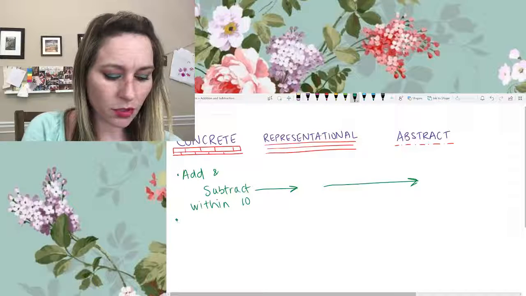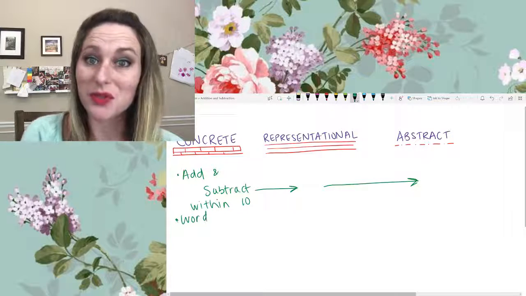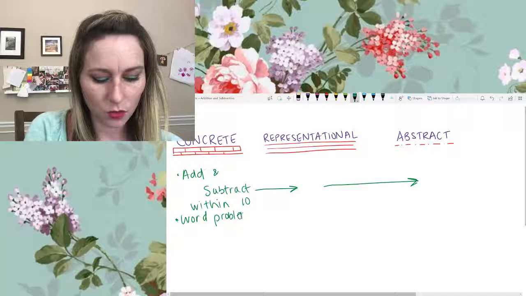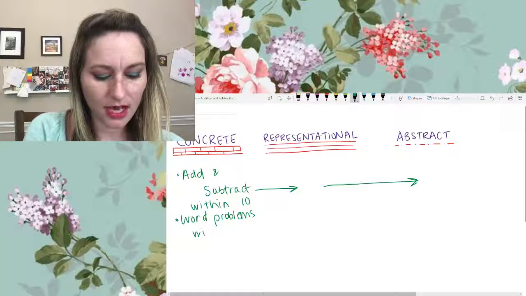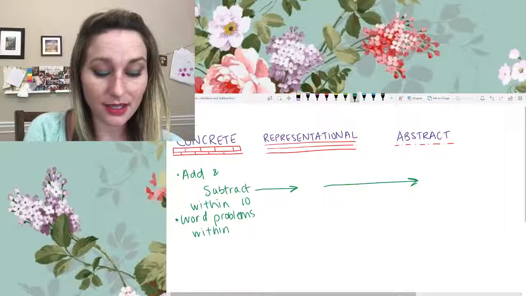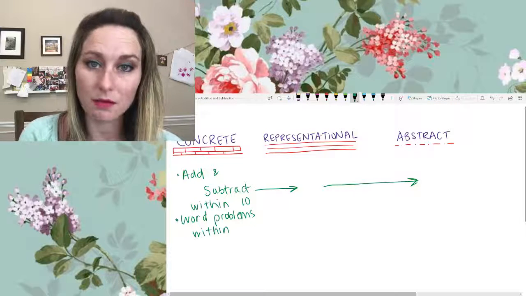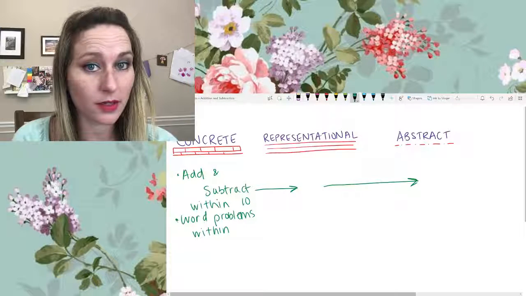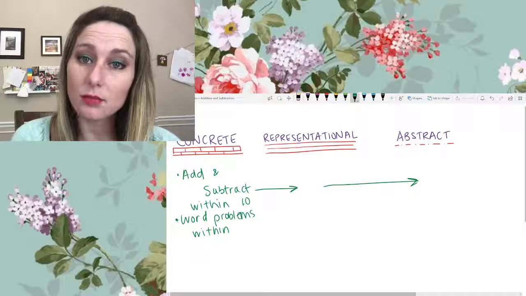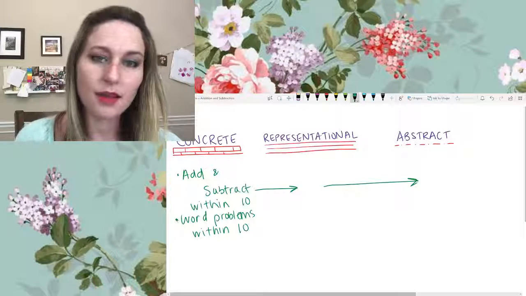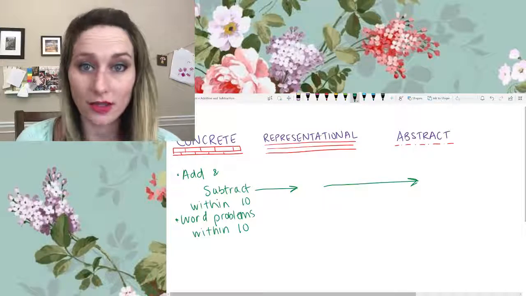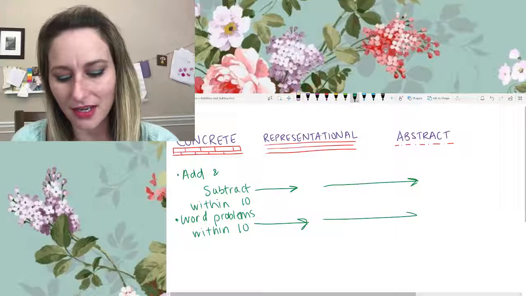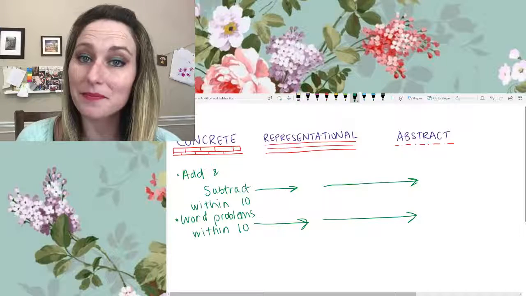We also want them to solve word problems. Again, within 10. Now you noticed that our CC standard was for students to write numbers within 20. And we do want them to understand place value within 20. But with addition and subtraction, they're always staying within 10. Again, creating concrete models, moving into the representational, and finally into the abstract when they're ready.